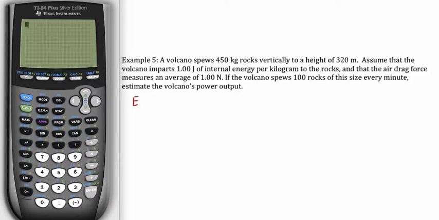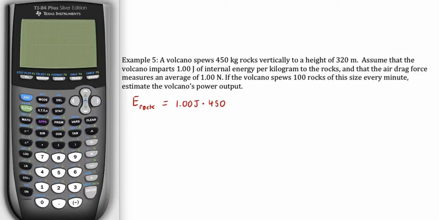Okay, so the energy of the rock. This is the energy that's imparted to the rock from the volcano. Well, we've got 1 joule of energy times the 450 kilograms, so per rock we have 450 joules.